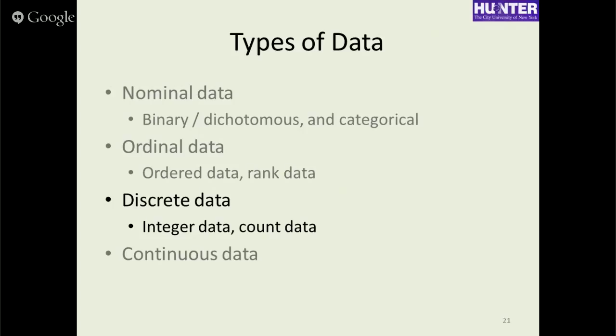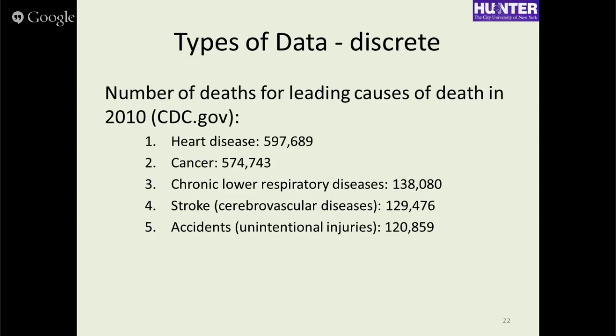Now, discrete data is the first type of actual numeric data. These really are numbers. What distinguishes them is that they are integer data or count data. So back in this leading causes of death, the numbers here, because they're counts, are discrete data. Now, I'm not going to belabor the differences between discrete and continuous data, especially in a case like this where the numbers are large.